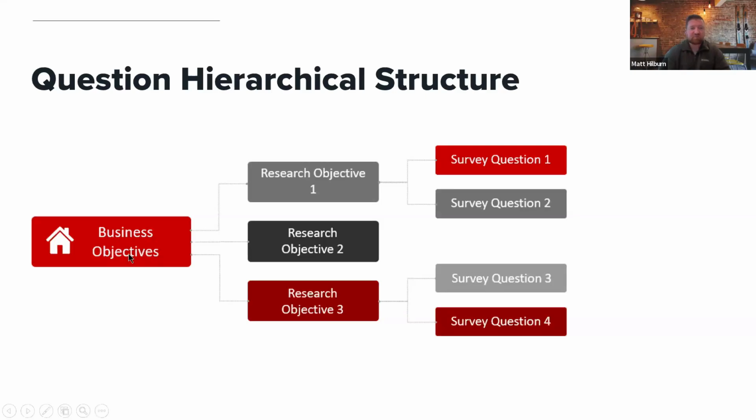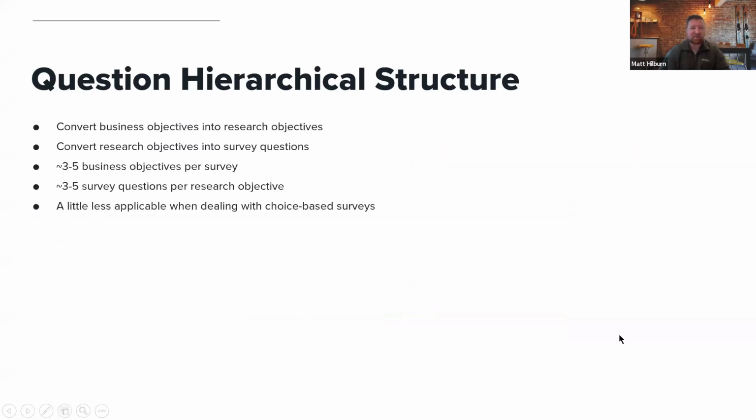So we convert a business objective into a research objective, something that we can research. This distinction may or may not end up being applicably relevant to you. You can do it that way. I have gotten over the years to where I just create objectives and then survey questions, and I cut out this middle part, but it's not a bad step to be that thorough.